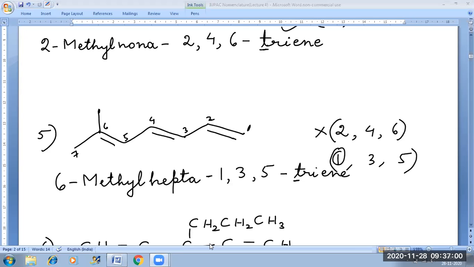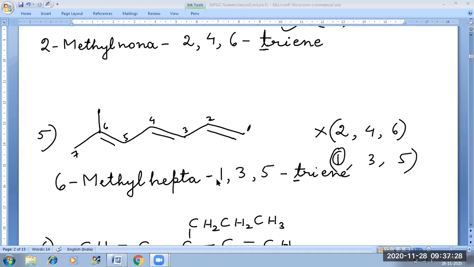So always remember, if you are numbering compounds containing double and triple bonds, then you have to first check that the lower set of locants is followed. When you are following the lower set of locants rule for compounds containing double or triple bonds and substituents, then the lower set of locants has to be followed for the double and triple bonds.